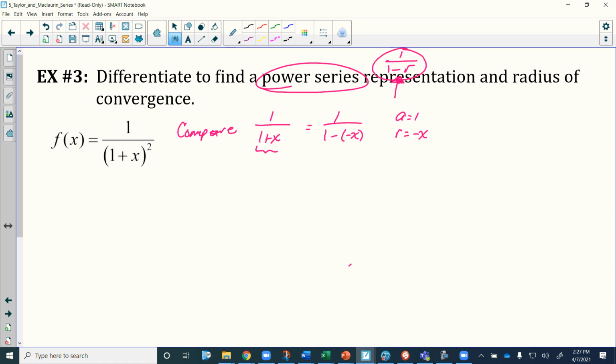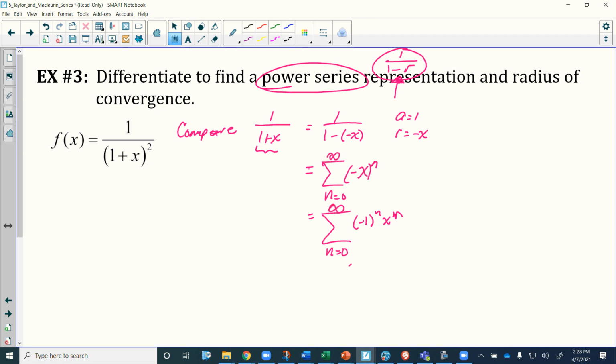And that will allow me to write a series that says this is the same thing as the series of, we're going to have a negative here, so negative x to the power of n, which would just be negative 1 to the power of n times x to the power of n.